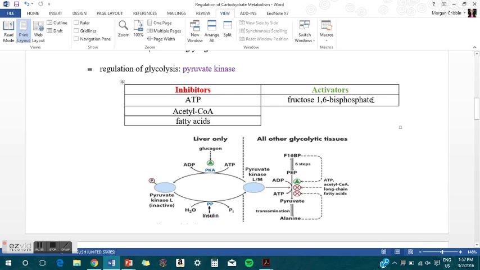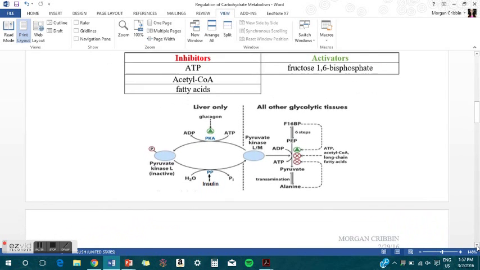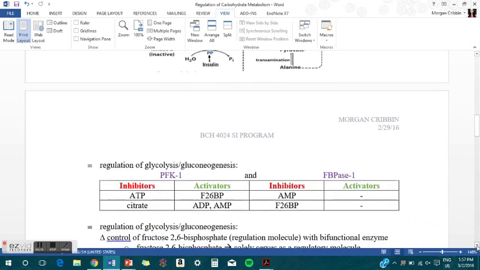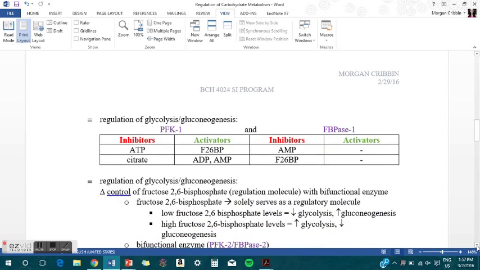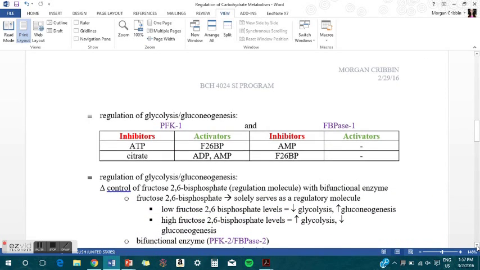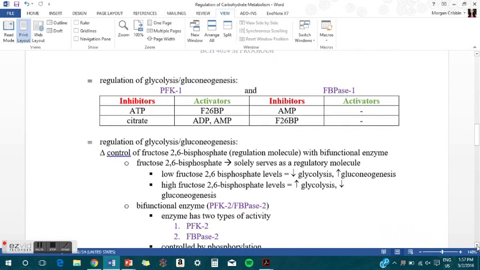And this makes sense that this would activate pyruvate kinase, because this is one of those committed steps. So once you make this fructose 1,6-bisphosphate, you're committed to going through glycolysis and breaking it all the way down to pyruvate. So it makes sense that an increase in abundance of this molecule would activate an enzyme further down in the chain. And again, this is something that we're going to see a lot in these processes.